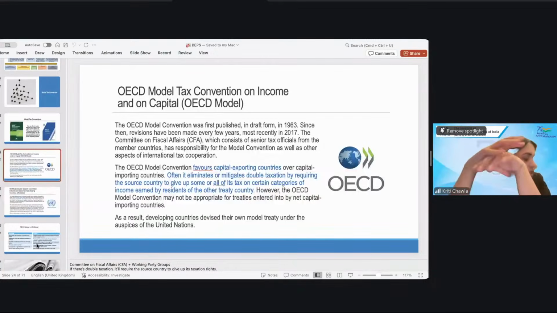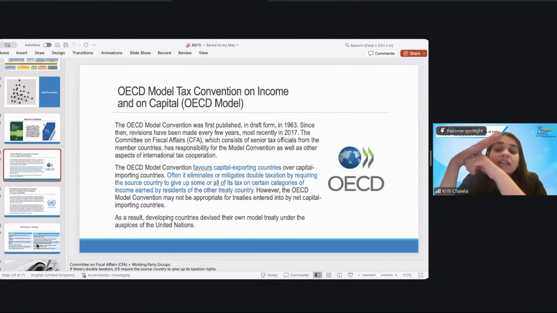Now, a very peculiar feature about the OECD Model Taxation Convention is that it favors capital exporting countries over capital importing countries. What does that mean? Well, it basically means that if there's double taxation, it will require the source country to give up its taxing rights.